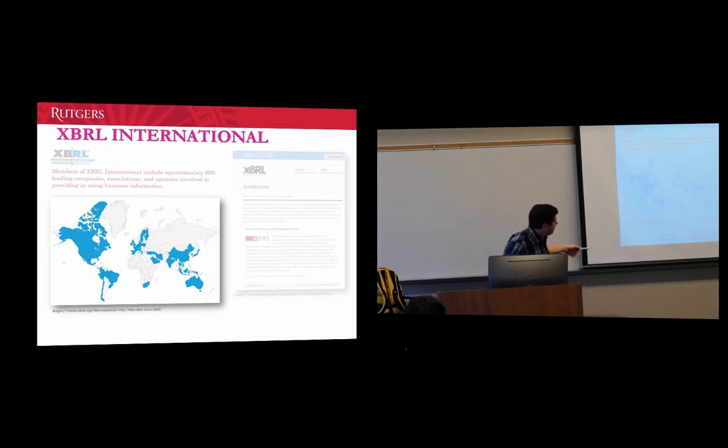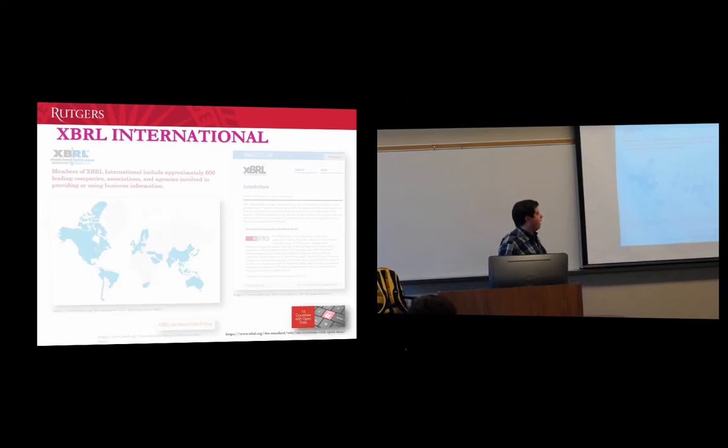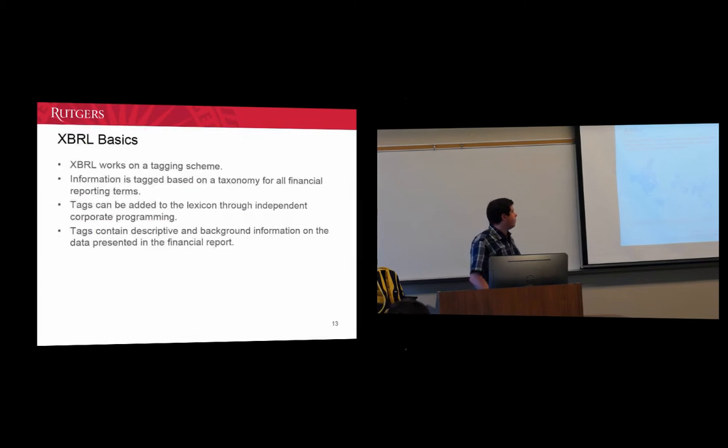Yeah, they use it for securities and what's the last one? Oh yeah, so there's 10 countries that mandate open data, and those countries also use XBRL to make sure that you can use that. So it works on a tagging scheme, as I mentioned.